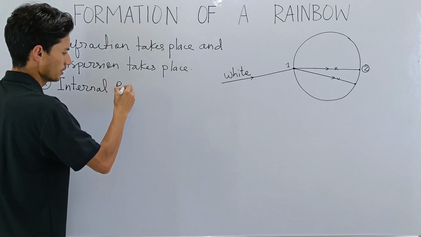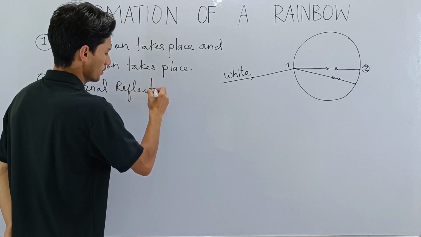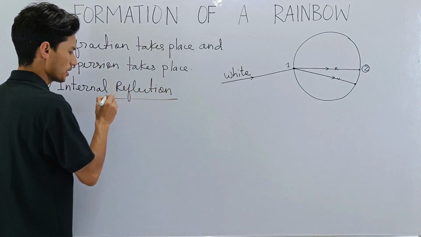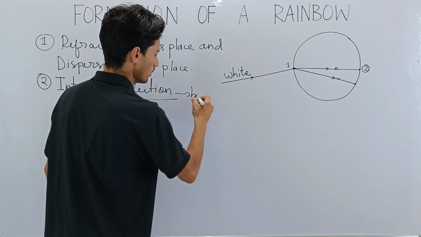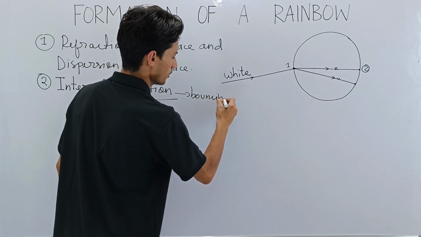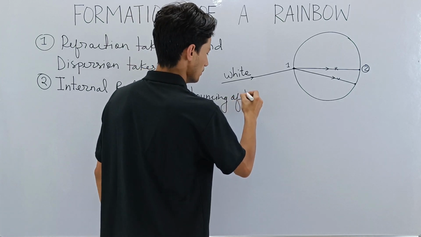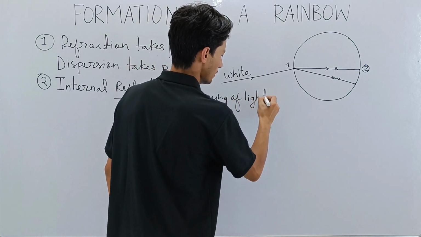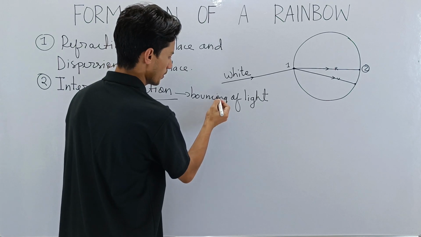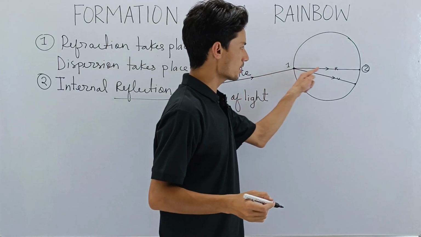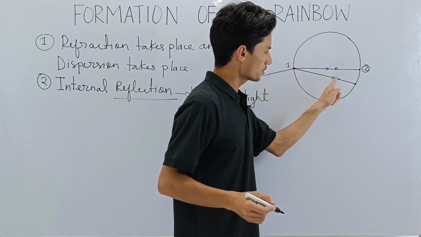Internal reflection. I don't need to explain to you what is reflection. Reflection is the bouncing back of light, isn't it? So bouncing of light is taking place here. Light goes here and it will bounce back. Violet goes here, it will bounce back.